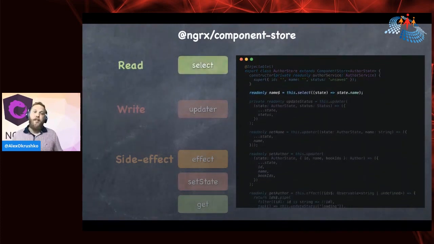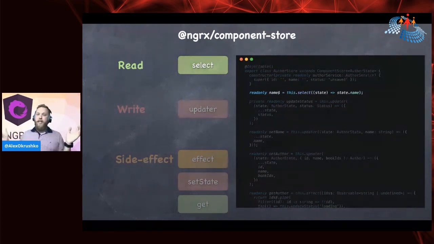Now we get to reading. How do we read it? We read it with a select, and it's very simple. Select has a callback method, but basically it's a prescription: we have a state, how do we extract something from it that we care about? All of these reads, writes, and effects will be answering the how question. So how do we select?